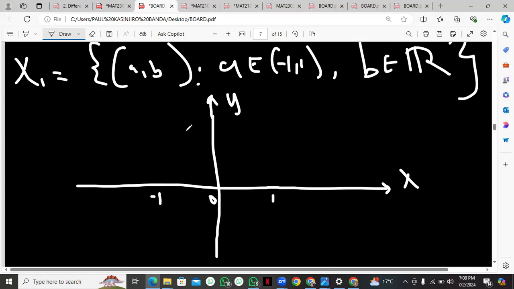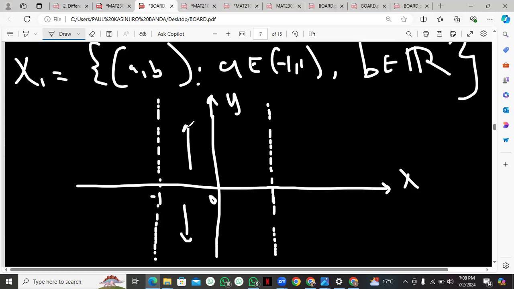So meaning, what do we have here? We have values that are between these two lines. So you draw one vertical line at -1, and then you draw another vertical line at 1. The choice of a will just be between these, but the choice of b can be any value, going up to infinity, even going down to infinity.